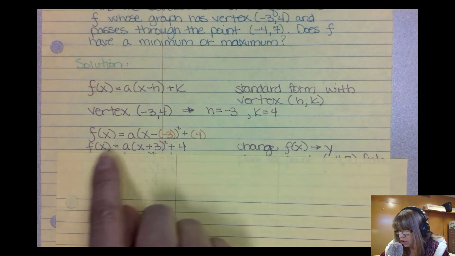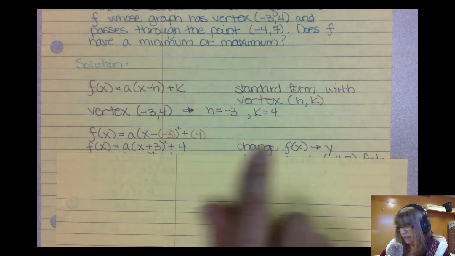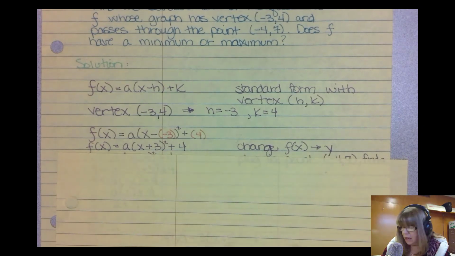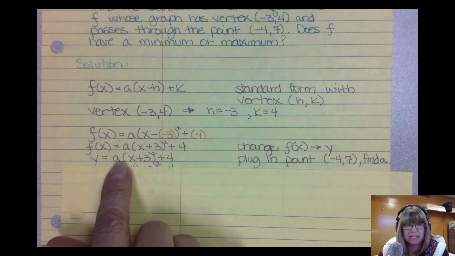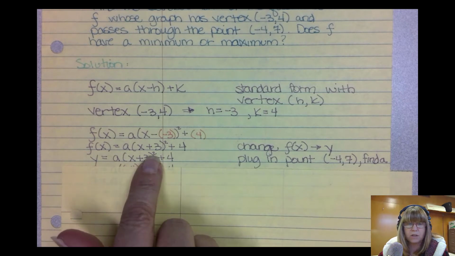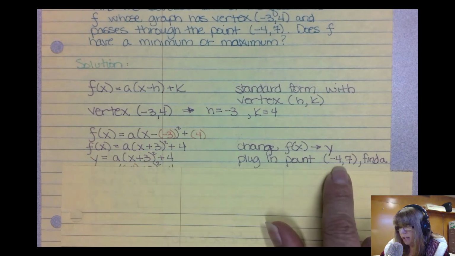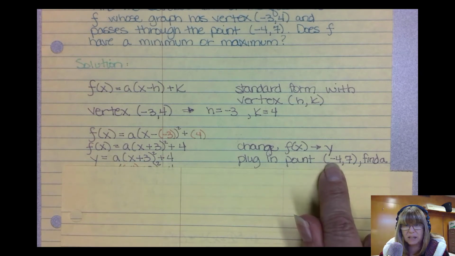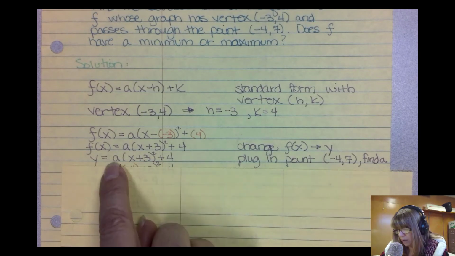Now let's go ahead and change just the way we write things. Instead of using f of x, let's use a y and rewrite it as y equals a times (x plus 3) all squared plus 4. Now we can plug in that point we're given, an x value and a y value, and then we're going to find our a value by doing this.